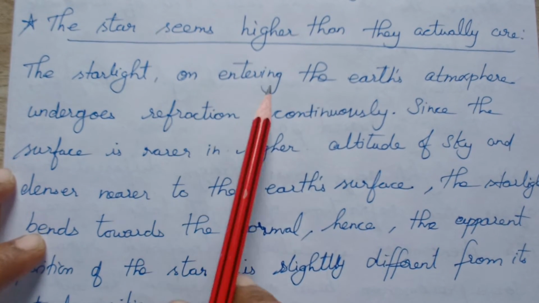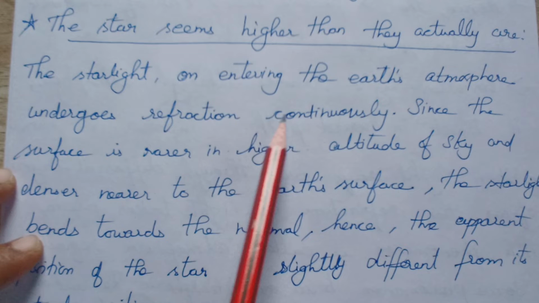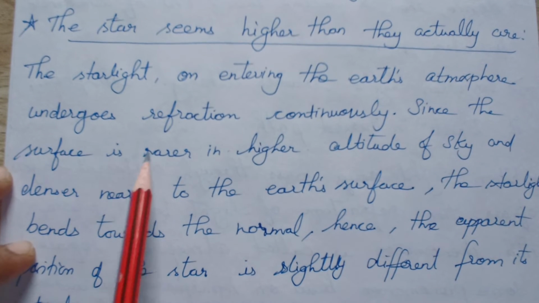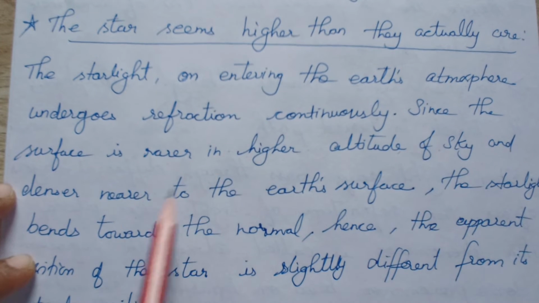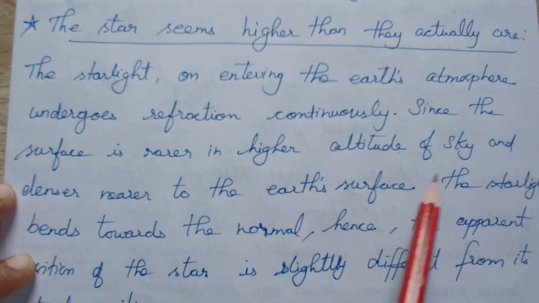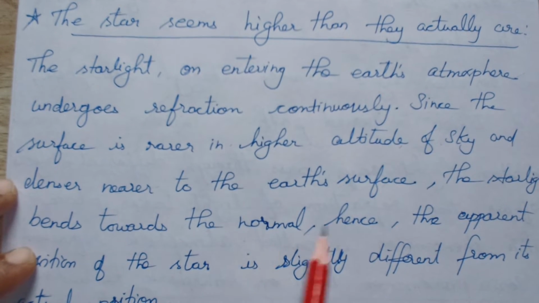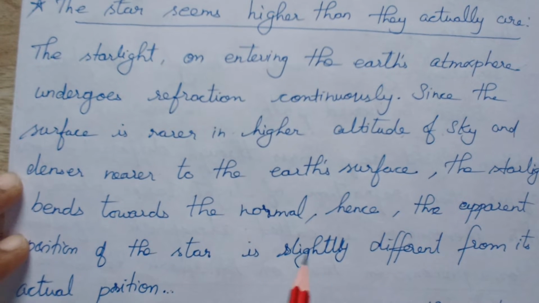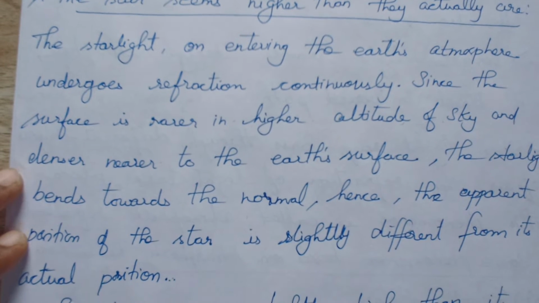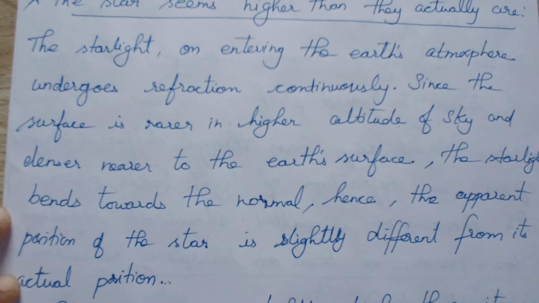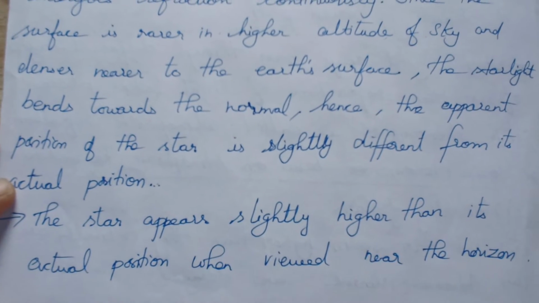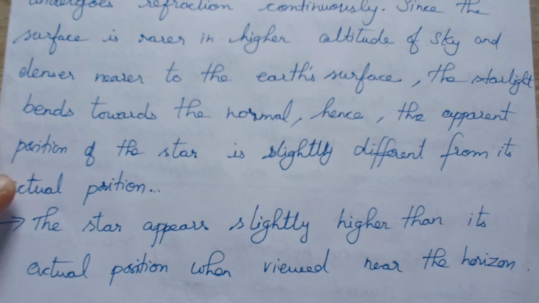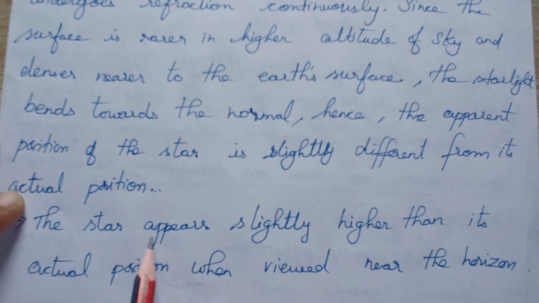The starlight on entering the Earth's atmosphere undergoes refraction continuously. Since the atmosphere is rarer at higher altitude of the sky and denser nearer to the Earth's surface, the starlight bends towards the normal. Hence, the apparent position of the star is slightly different from its actual position. When the same star is observed near the horizon, it appears slightly higher than its actual position.